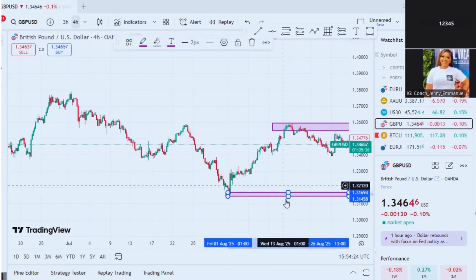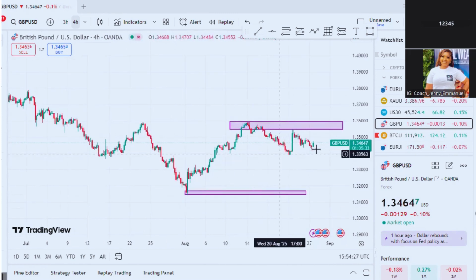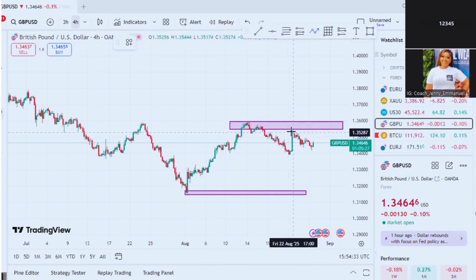So now if I want to trade this, I will have to wait for this to sell down here. Now this one I've already traded, so I don't need to start waiting for it to come here again.